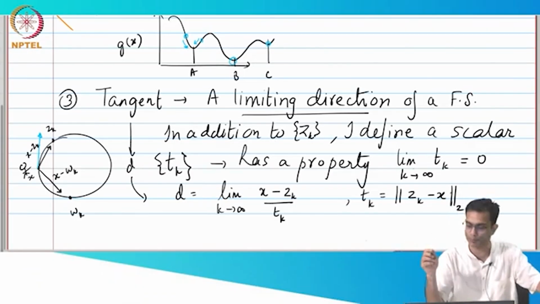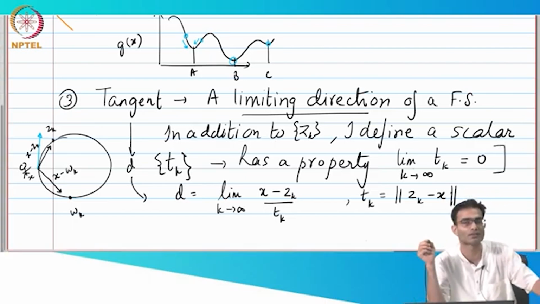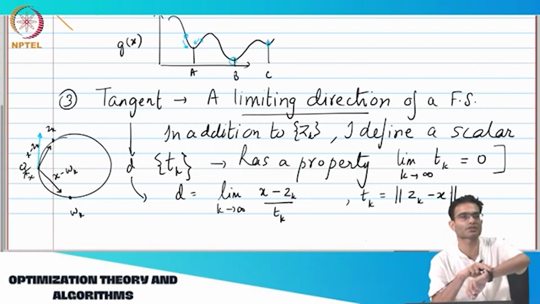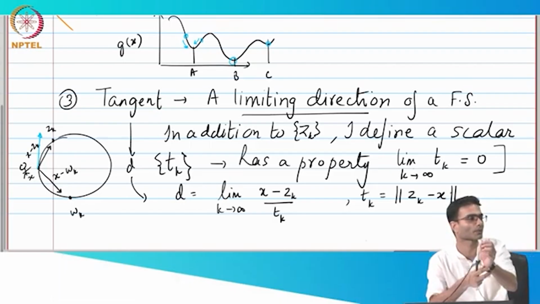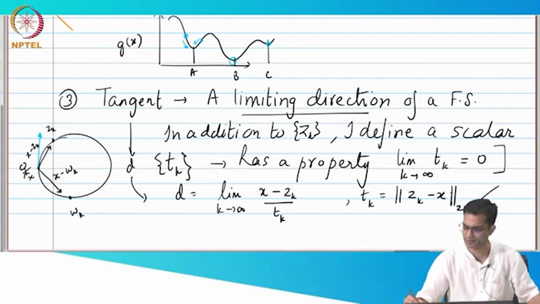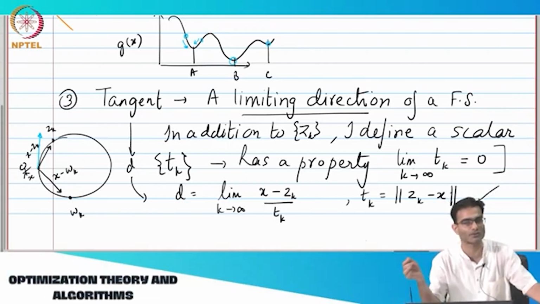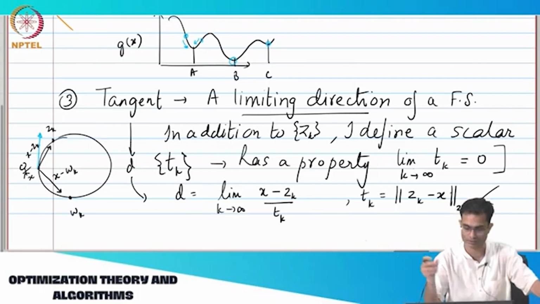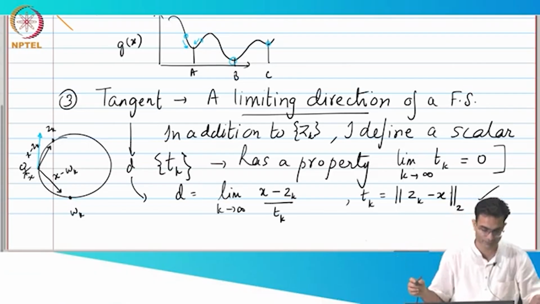Why? The only property that it needs to satisfy is that for large k, it tends to 0. So this is actually left to us. You can choose it in a way that makes the math of the problem as straightforward and convenient as possible, and usually you don't have to stray away from this choice. This works. As this length shortens and shortens, you can see this gives me a well-defined direction.